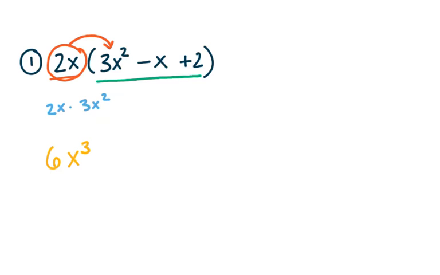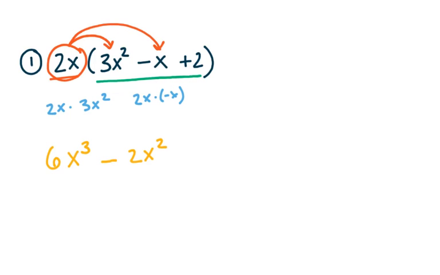I can then give that 2x to my minus x term. I'm going to multiply those and think in my head 2x times a negative x.